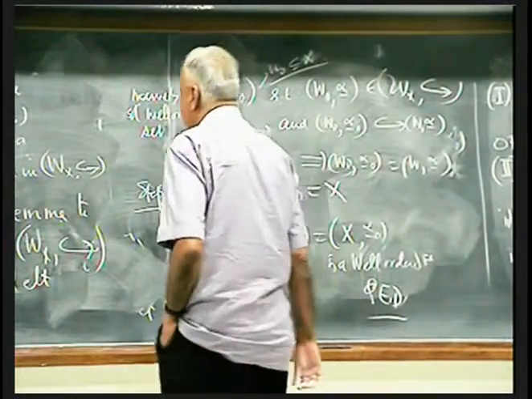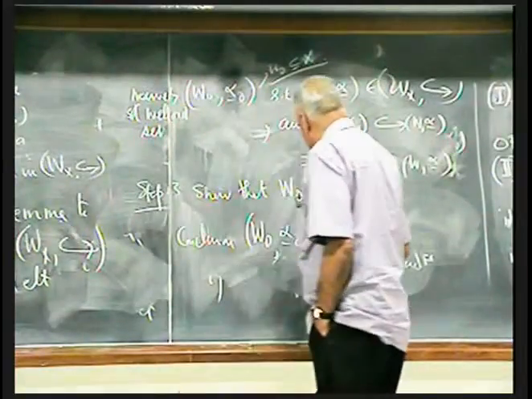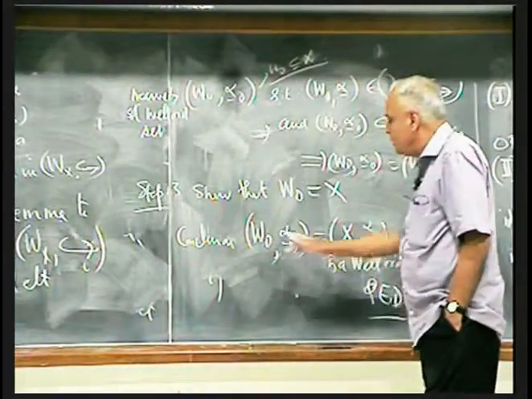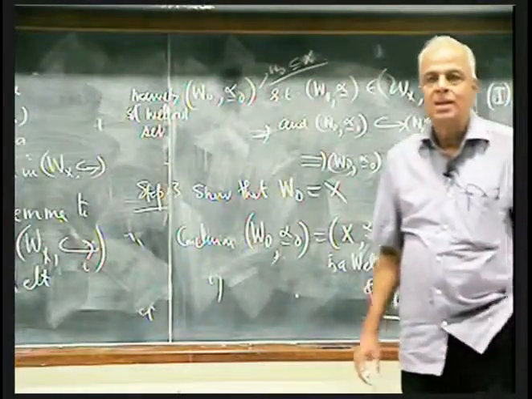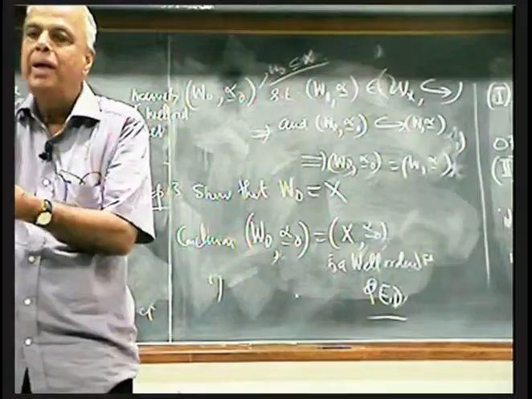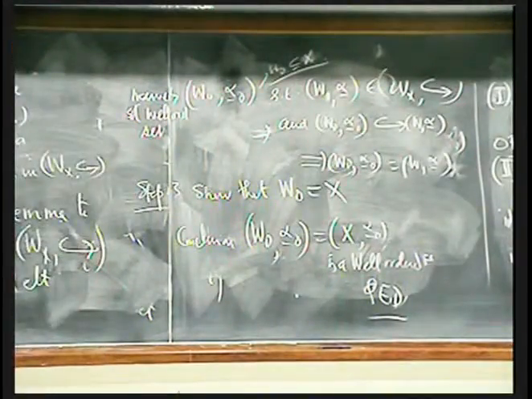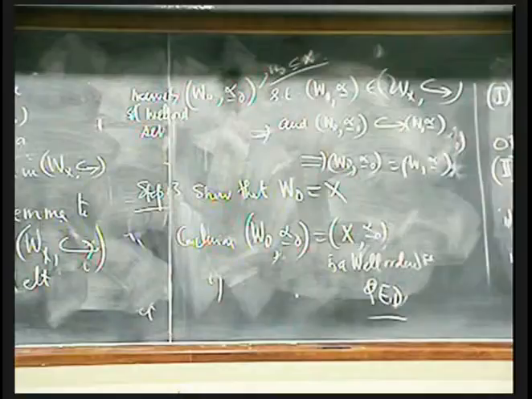And once you have the upper bound, to show that this maximal element is equal to X, suppose it is not equal to X. Then there will be an element sitting outside W naught. Append it and get a bigger well-ordered set, thereby contradicting that this is a maximal well-ordered set. So basically the ideas are very two-line proofs, each one of them, if you understand what exactly you are proving.